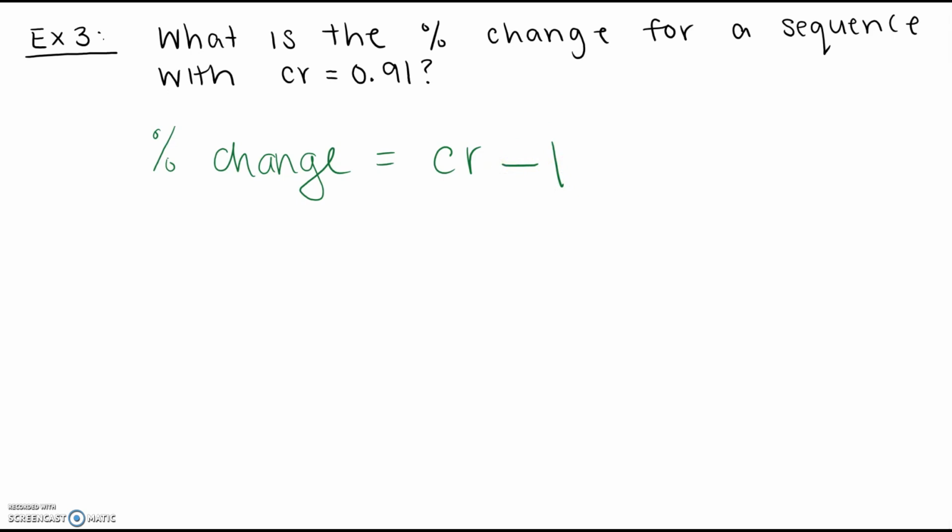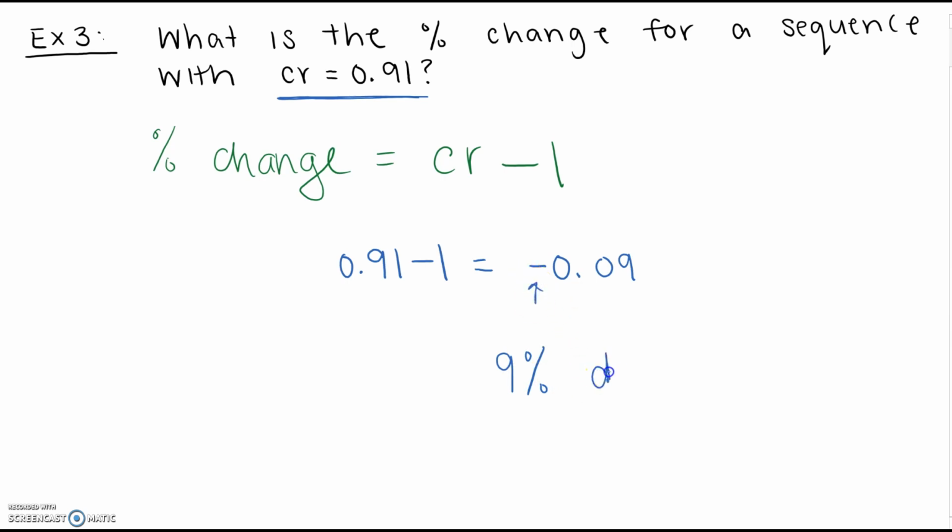So we know that the common ratio is 0.91, so we'll do 0.91 minus 1. 0.91 minus 1 is going to be negative 0.09. So changing that into a percent, that's going to be 9%. And then, because it's negative, that means it's going to be a 9% decay.